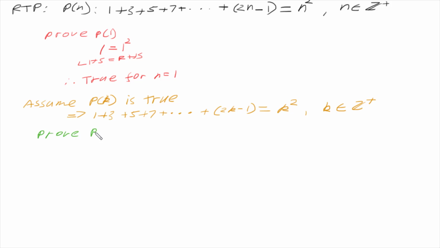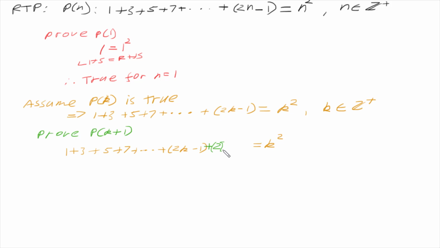Now that I've assumed it works for any integer k, I've got to prove that it works for the next term, k plus 1. If I think about moving from what I've assumed is true to the next term, what I've assumed is true is that the first k terms work, so that would be everything up to 2k minus 1, and I know that that equals k squared. But I'm going to move on to the next term, which requires me to add on 2 times whatever n is, which in this case is k plus 1.